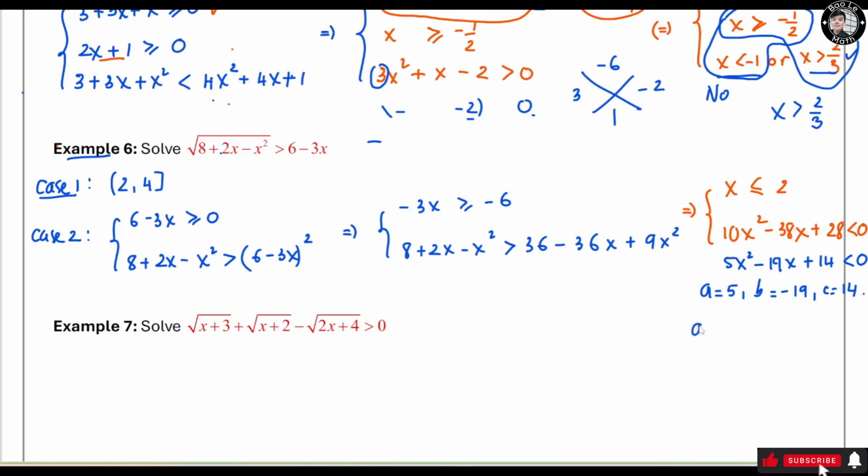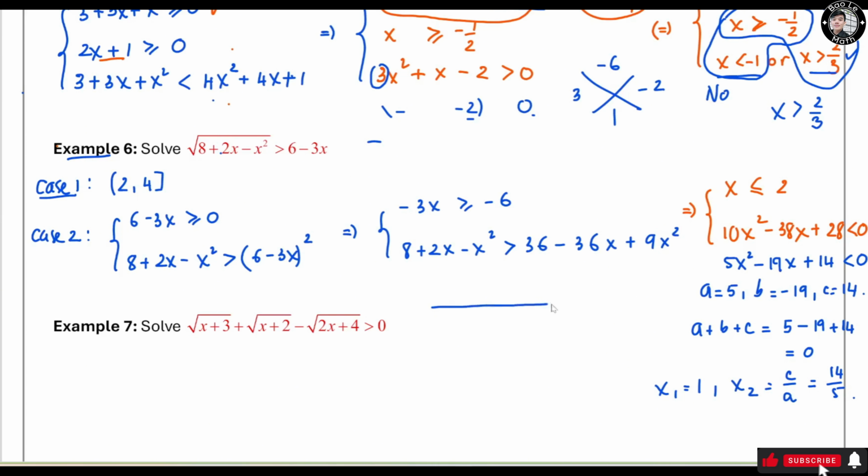Observe that A plus B plus C equals 5 minus 19 plus 14, which is 0. You have two solutions. s1 equals 1. s2 equals C over A, which is 14 over 5.